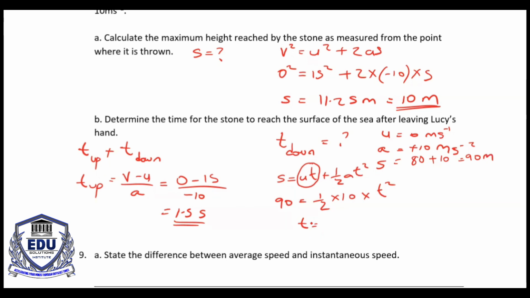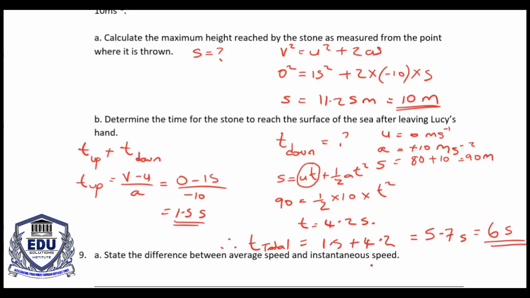Then we square root 18, which gives us 4.2 seconds. So therefore the total time would be 1.5 to go up and a total of 4.2 to come down. So that gives us 5.7 seconds. And again, we put in our smallest sig figs, which is 1, so we get 6 seconds.